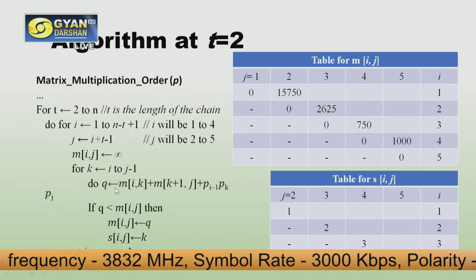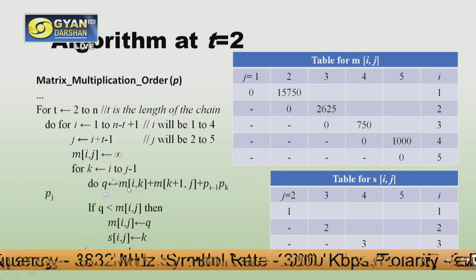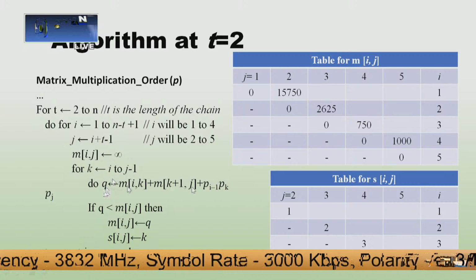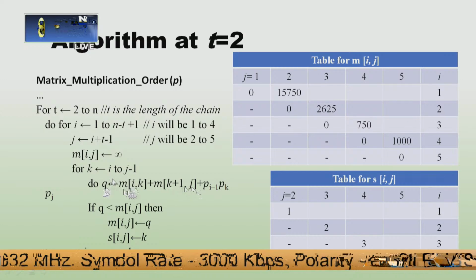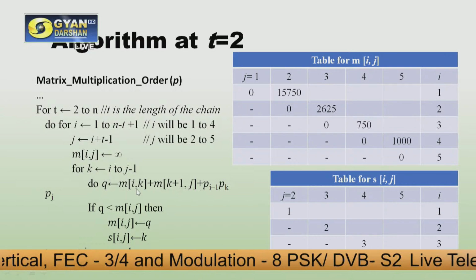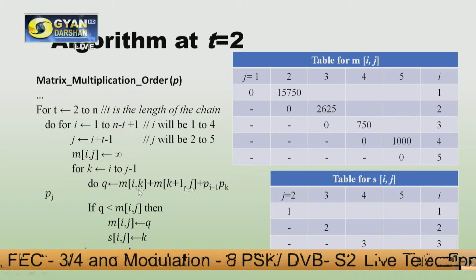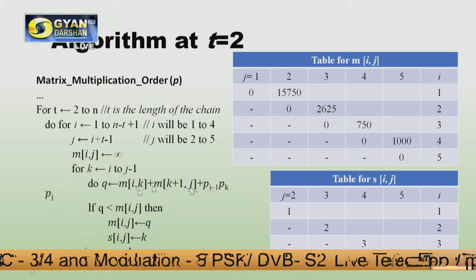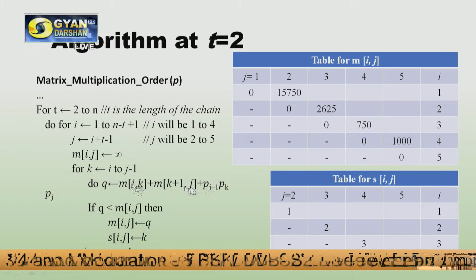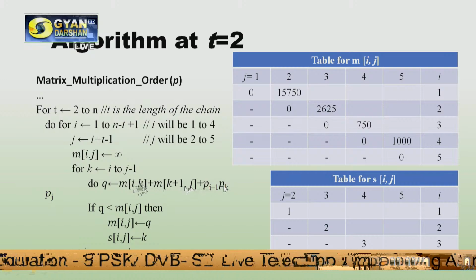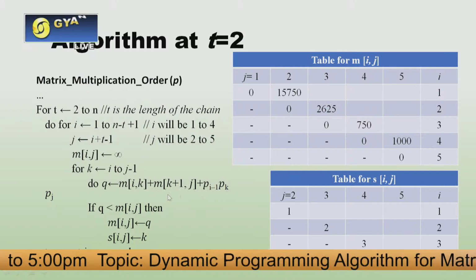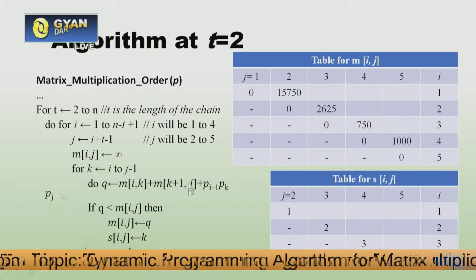And what we are computing is the cost of multiplication. This cost of multiplication is the same term which we have just defined in the previous slides, where m i k, m k plus 1 comma j, and then p i minus 1, because we are referring to this particular matrix k, and then p j. P j is this particular term.